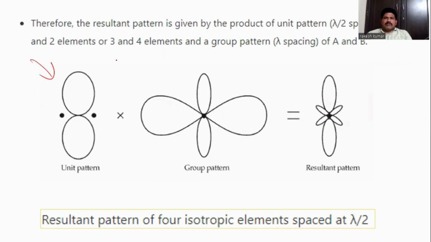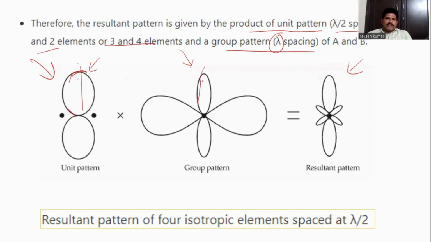The resultant pattern is obtained by simply the product of the pattern of lambda by 2 spacing of 1 and 2 elements and 3 and 4 elements, and a group pattern with lambda spacing. So multiplying with lambda by 2 and spacing with lambda. How will you get this one? Okay. In this diagram you are having major radiation in this direction, and here major radiation in this direction.